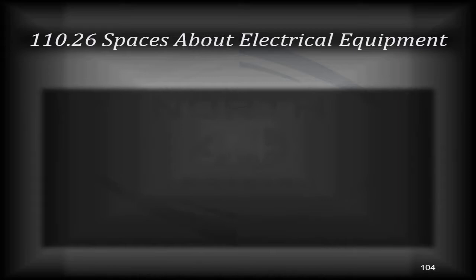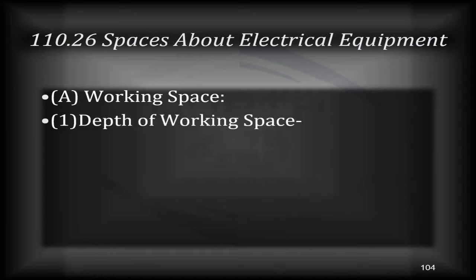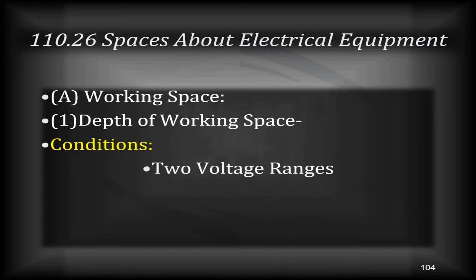(A)(1), dealing with the depth of working space. We got two basic voltage ranges that we're working with here. We've got the 0 to 150 volts at a 3-foot distance, and 151 to 600 volts working at 3 to 4-foot distance.